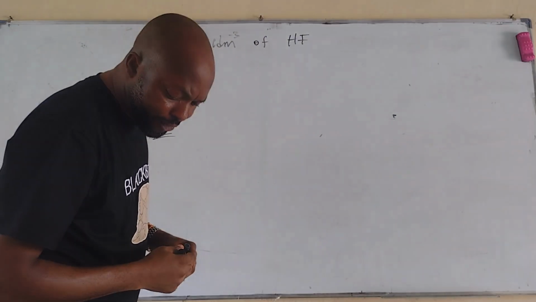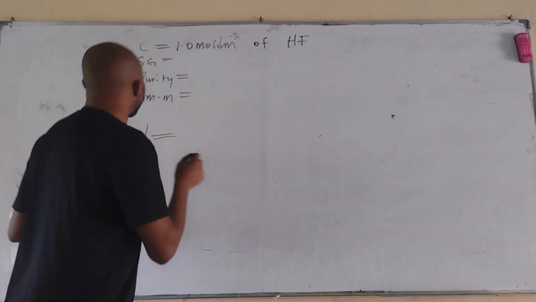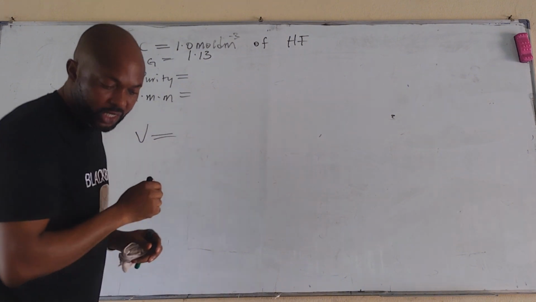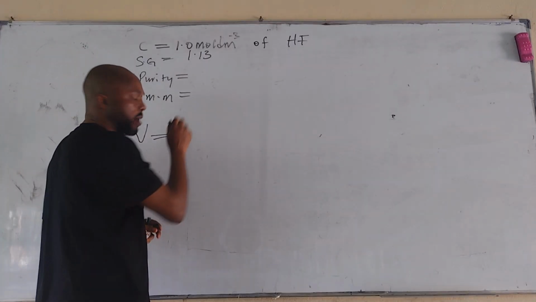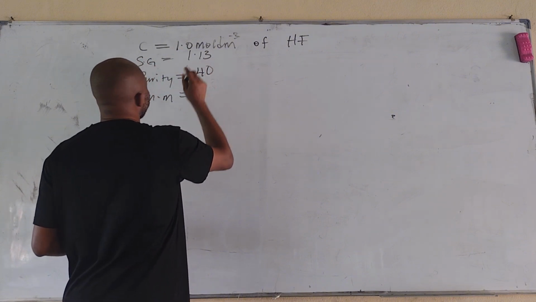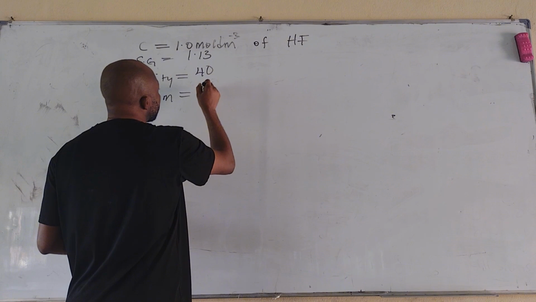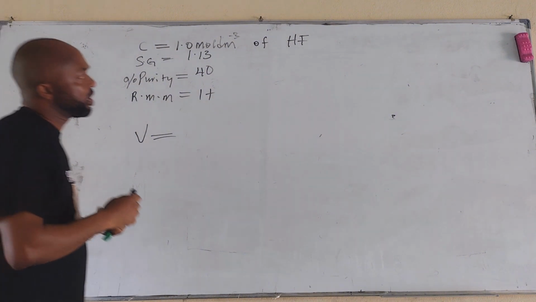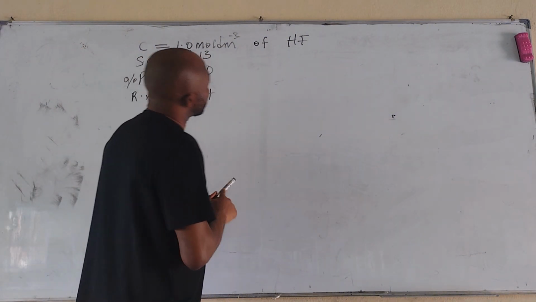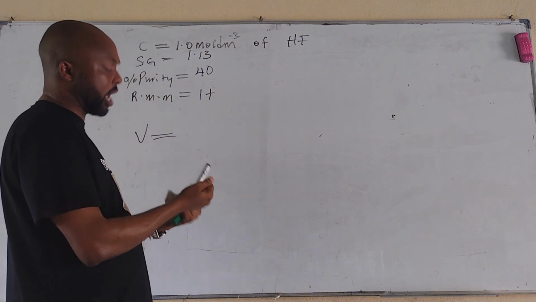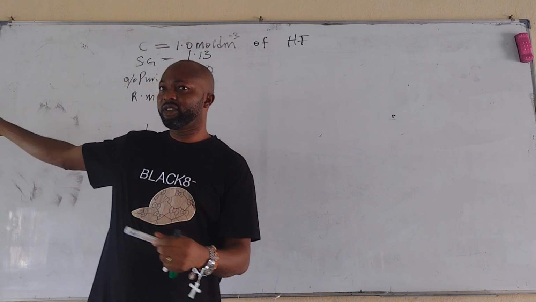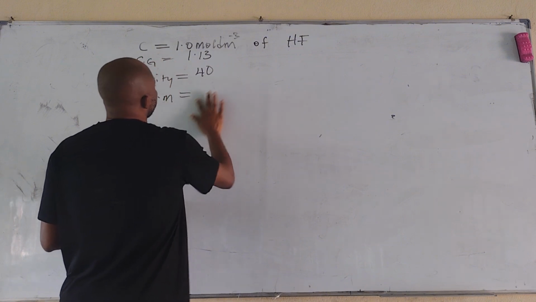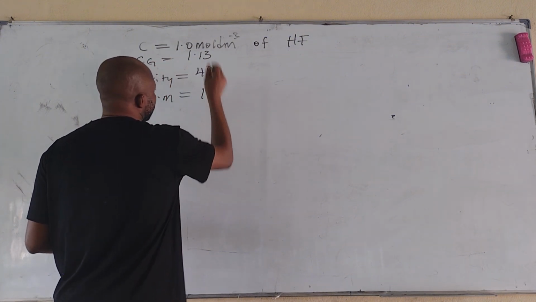So I have 1.13 specific gravity, percentage purity is 40. Relative molecular mass is 1 plus fluorine. What's the mass number? Hydrogen, helium, lithium, beryllium, boron, carbon, nitrogen, oxygen, fluorine. 18.9. So let's take 19. Alright, let's call it 19.